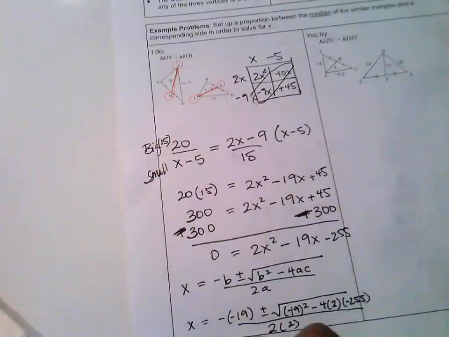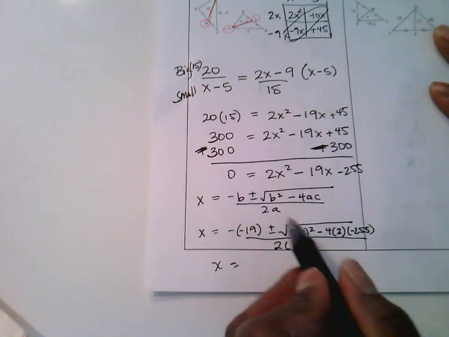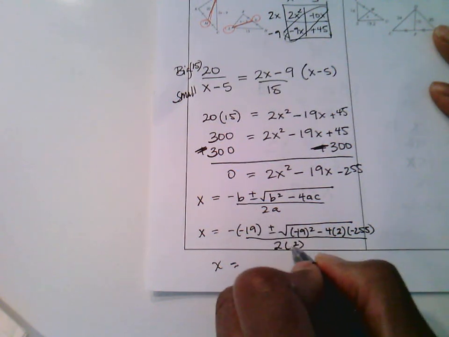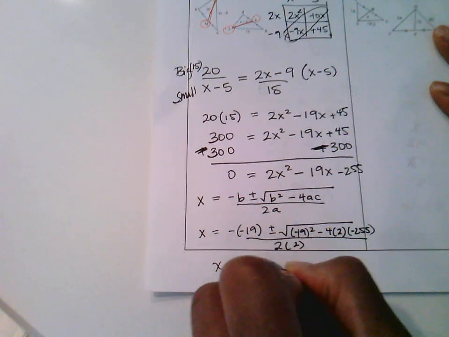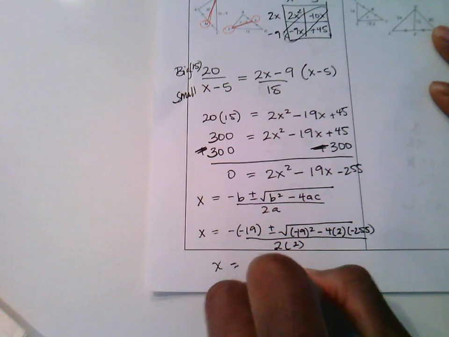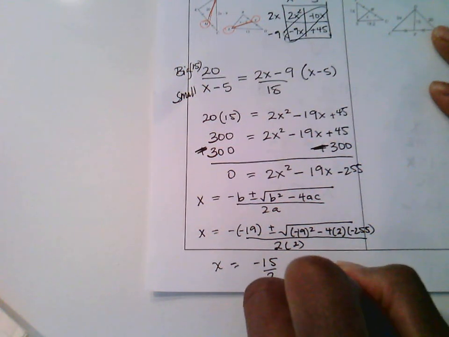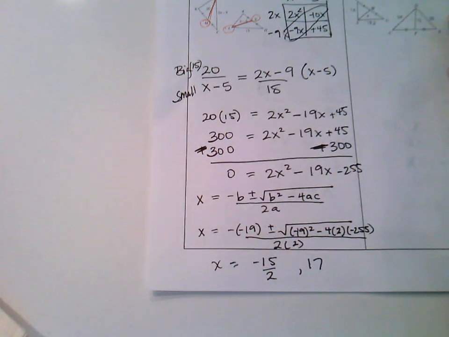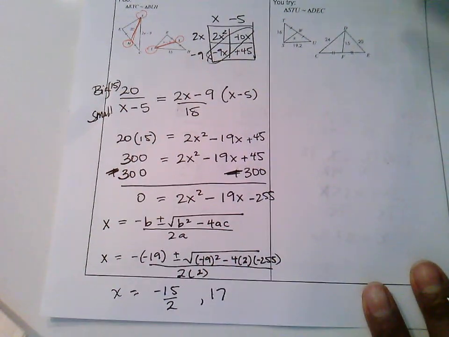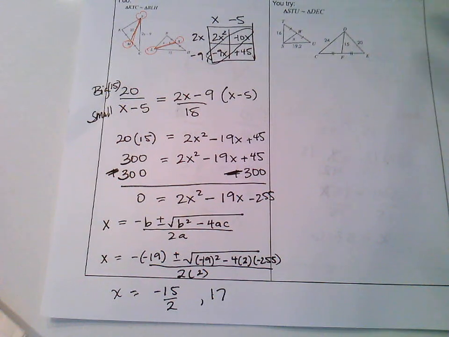When you simplify all of this, you get negative 15 over 2 and 17 as the two answers. Okay, go ahead and pause, go to the next one, and try to do this one on your own.